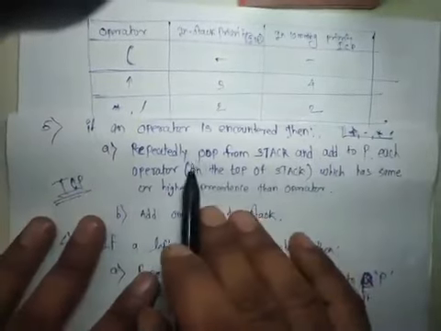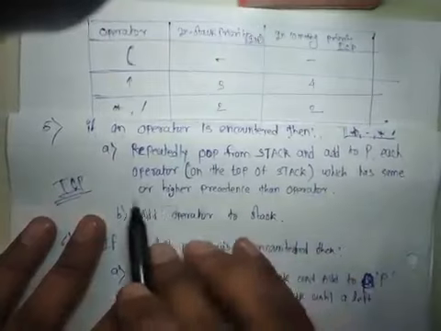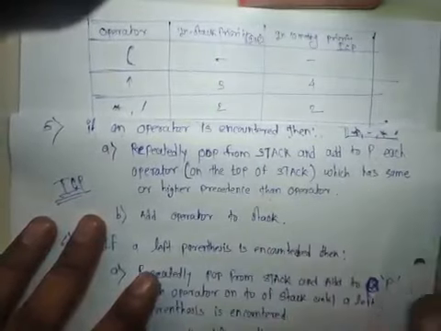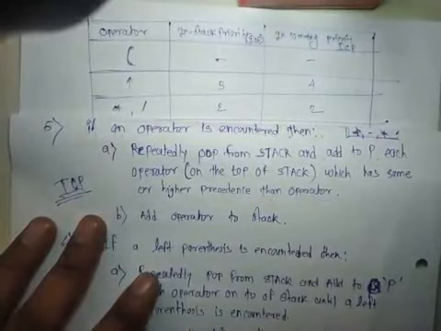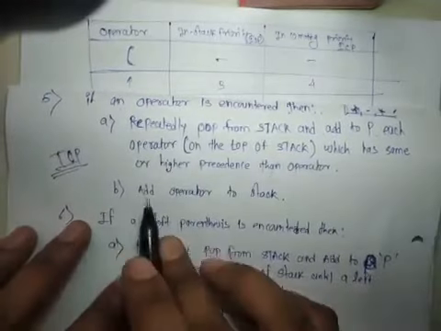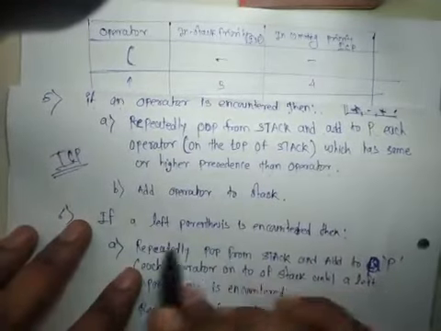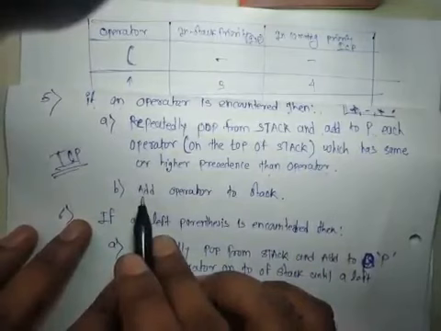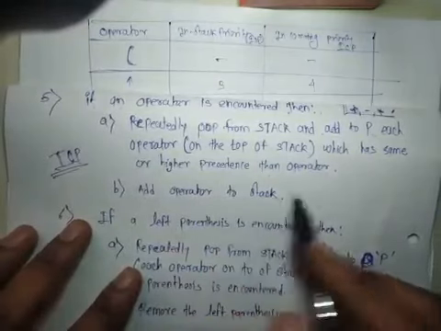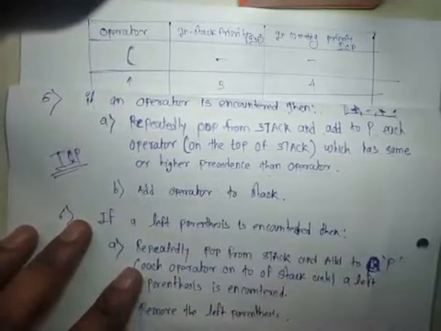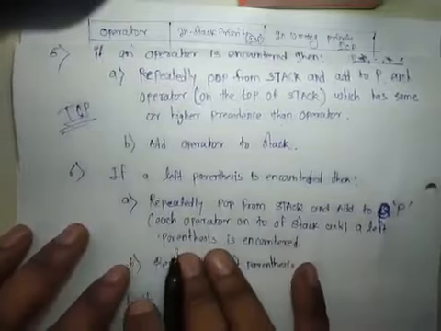Which operator do we pop? The one which has the same or higher precedence than the incoming operator. And then we add the incoming operator on the top of the stack.